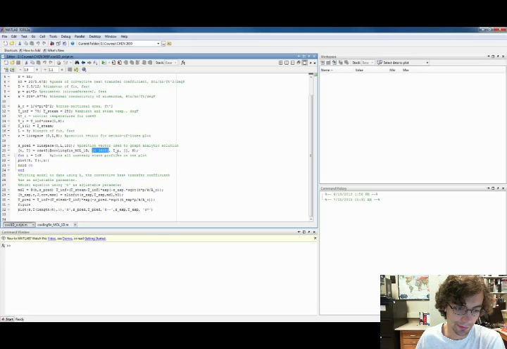Alright, so this is where we actually call the ode45 function. You have to name your function file that I just showed you, and this is your function handle. You call that function and give it your time range. This is in seconds, so this is like an hour. And this is our initial temperature vector.